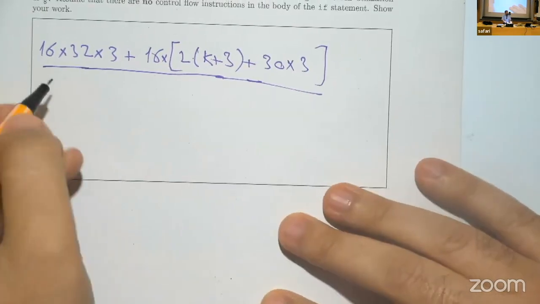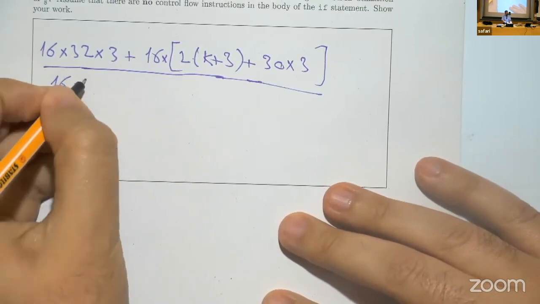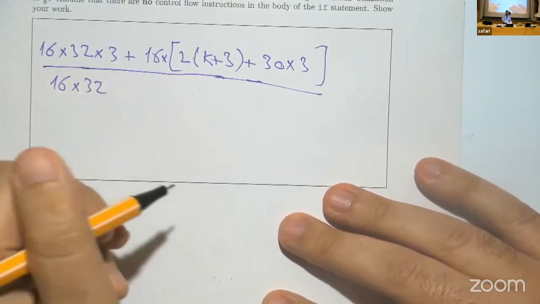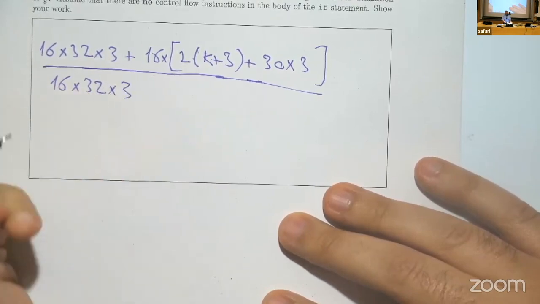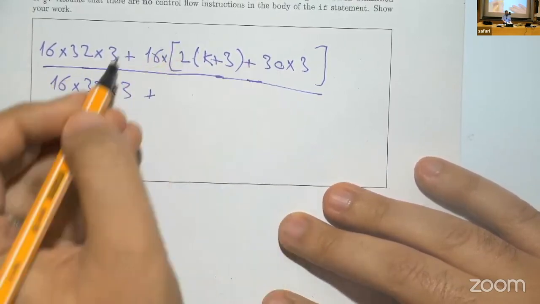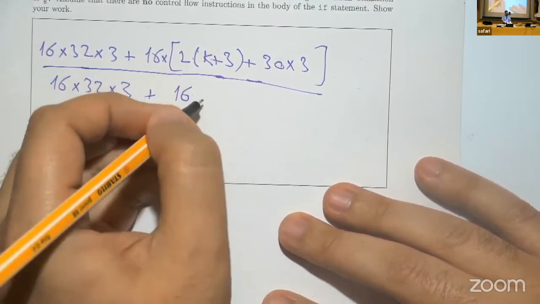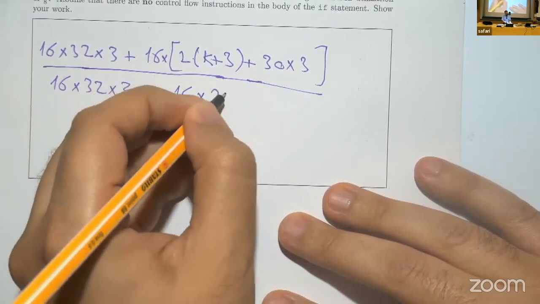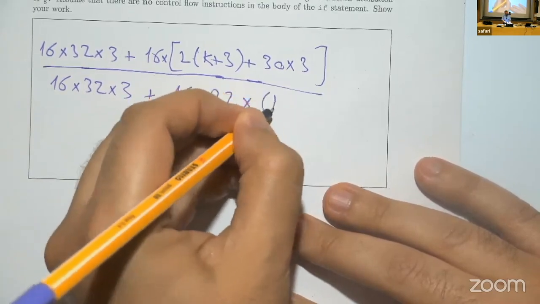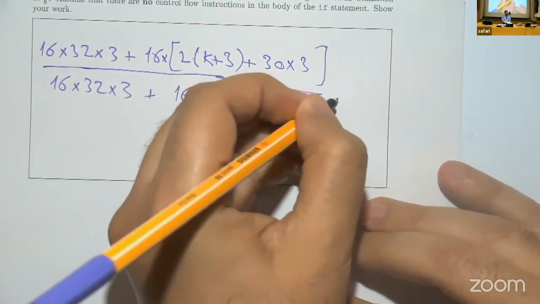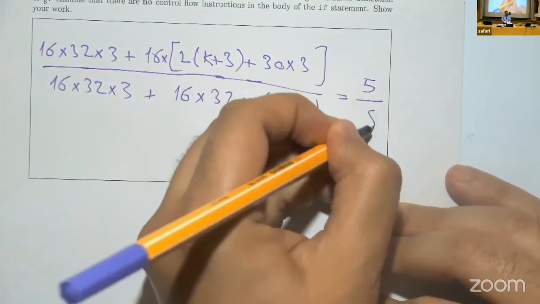And here we have the last 16 warps, each of which has 32 threads, and all of them run 3 instructions. But the difference is here. So we want to have 16 warps, each of 32 threads, times C0 plus 3. This equals 5/8.